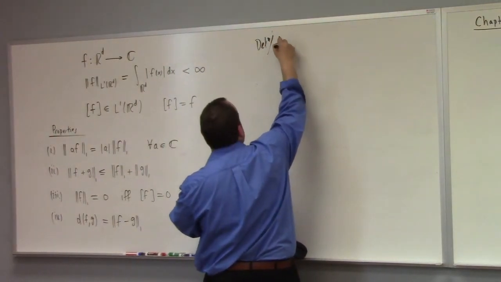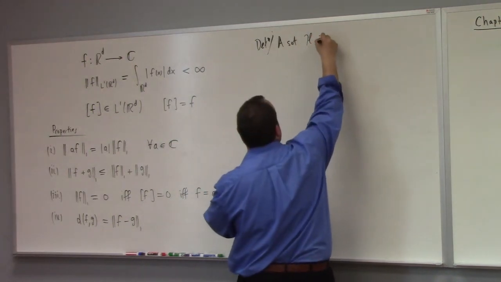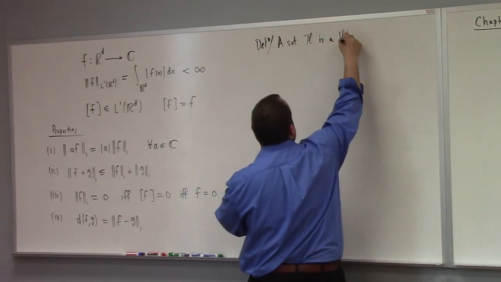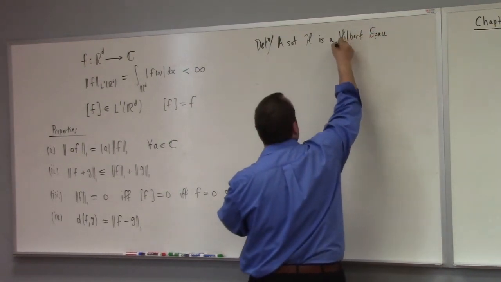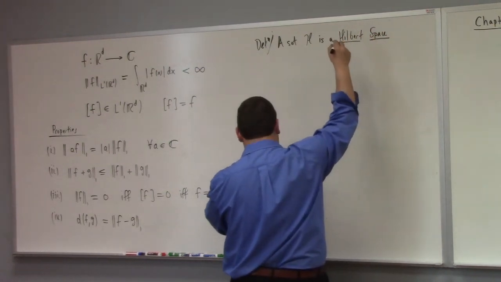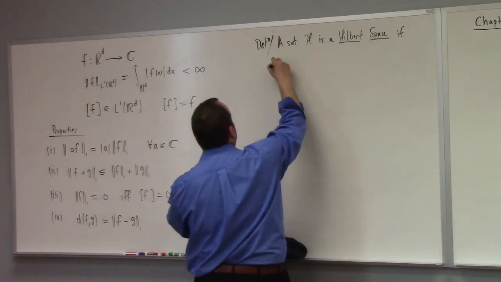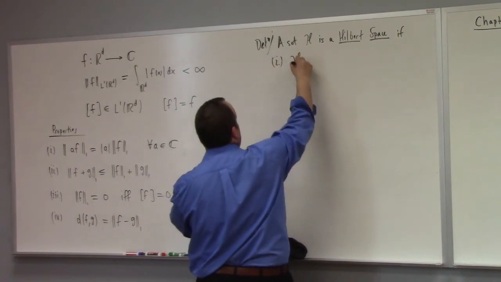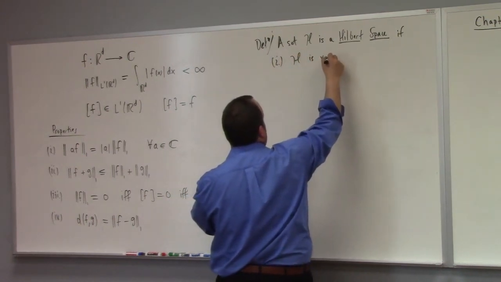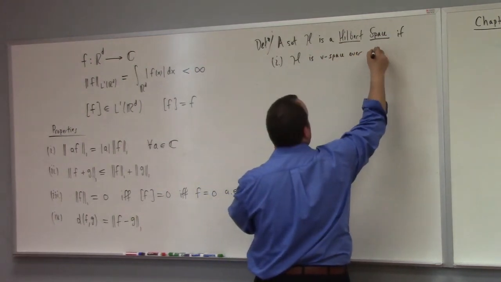A set H is a Hilbert space if you have the following bells and whistles. Number one, H is a vector space over the complex numbers.